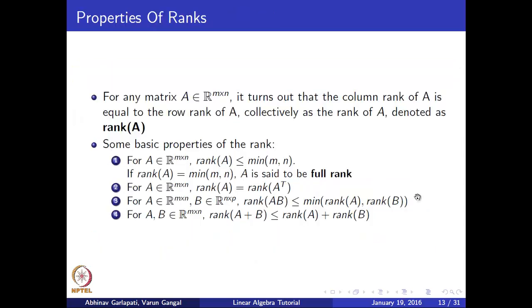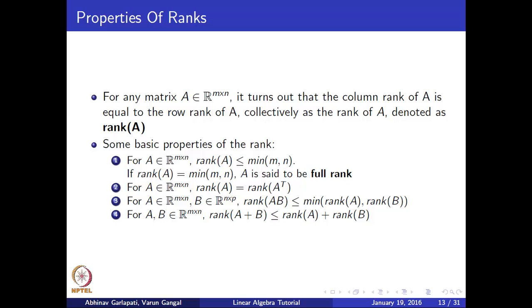Let us walk through some interesting properties of ranks. For any M cross N matrix of real numbers, the column rank is equal to the row rank. We refer to this quantity as the rank of the matrix. Earlier we had looked at a quantity called nullity. Nullity is the rank of the null space of A. Some other interesting properties of ranks are also listed here.